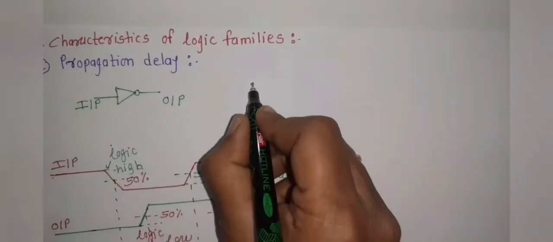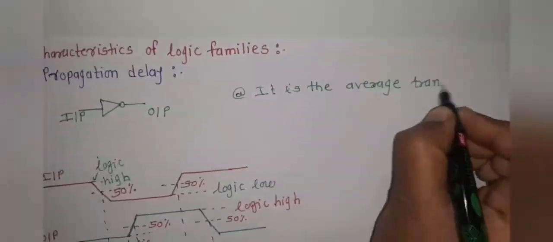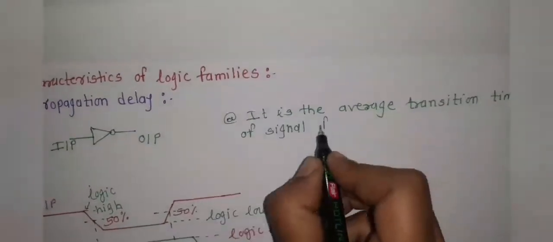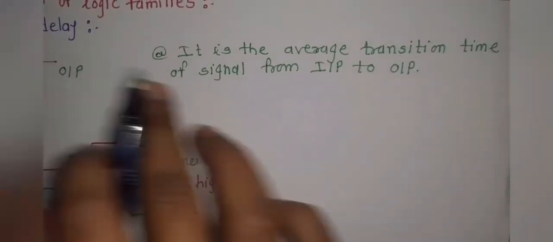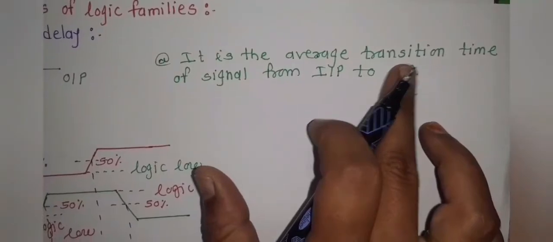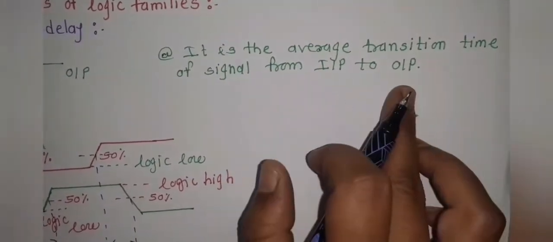Propagation delay is the average transition time of the signal from input to output.